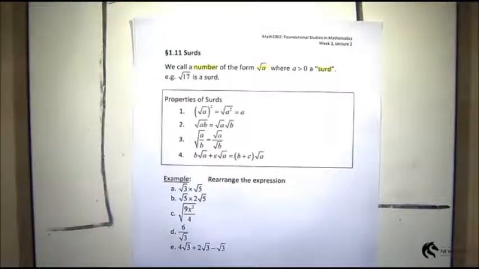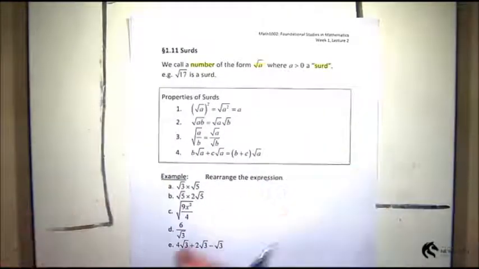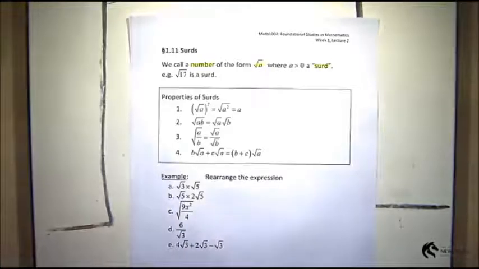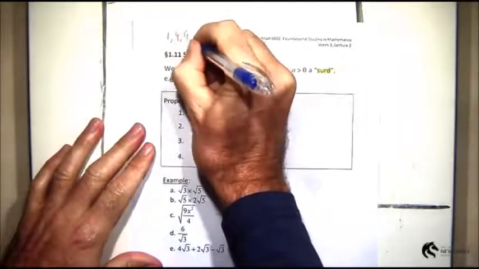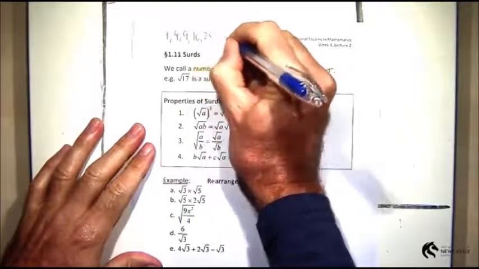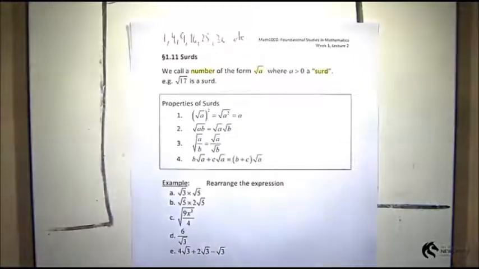And the thing is, unless a turns out to be a number like 1, 2 squared, 3 squared, 4 squared, 5 squared, 6 squared, etc., unless it's one of those perfect squares, this number, if you were to try and write it as a decimal, its decimal approximation would go on forever with no repeats.